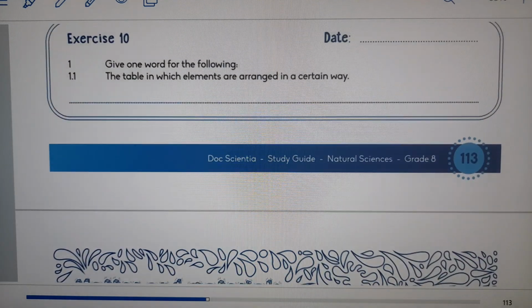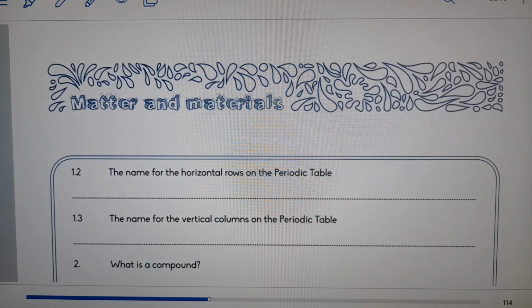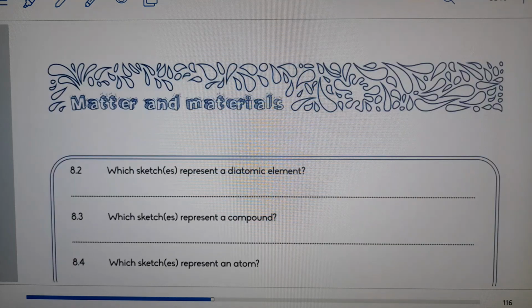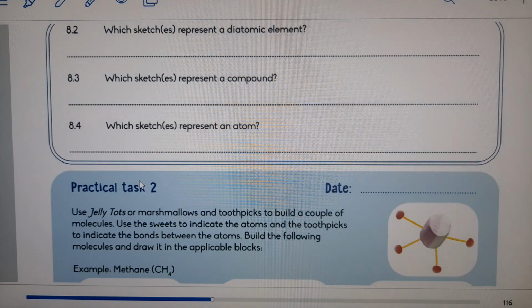You start at the bottom of page 113, exercise 10, from number 1 all the way to page 116, number 8.4. That is the exercise that I want you to complete on the elements and compounds.